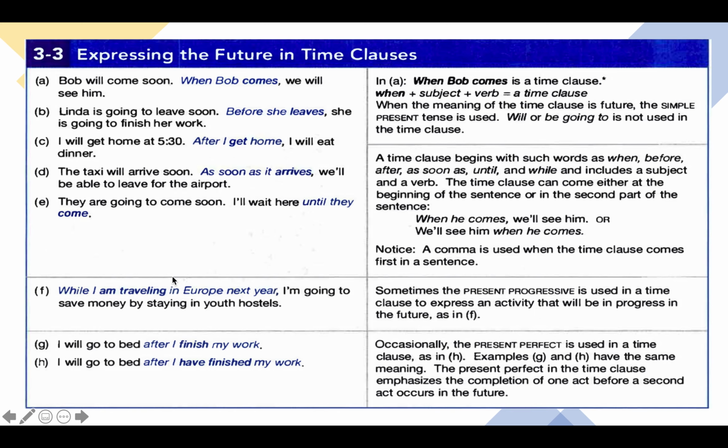We can also have other scenarios, like in example G, I will go to bed after I finish my homework. I will go to bed after I have finished my work. Sorry, not my homework, work. So occasionally, the present perfect is used in a time clause. Sometimes you can also use present perfect, okay? As in the examples, same meaning. The present perfect in a time clause emphasizes the completion of one act before a second act occurs in the future.